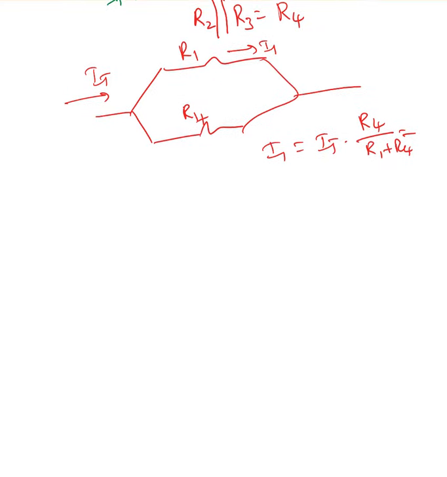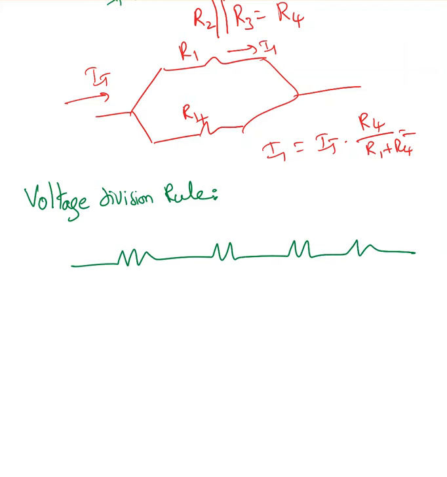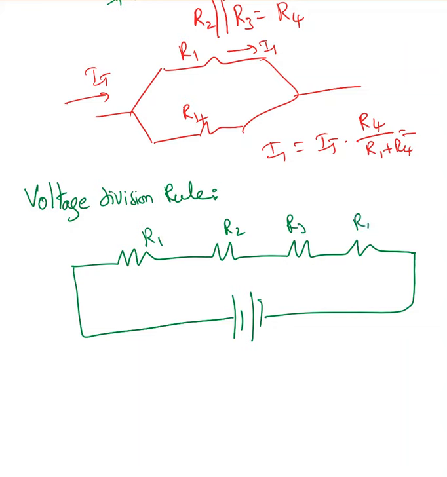The next topic I'm going to talk about is the voltage division rule. The voltage division rule, we can use it for more than two resistors in series. It is useful to find individual voltages when resistors are in series. Say for example I want to find V1. I know the total voltage, I know the individual resistors.